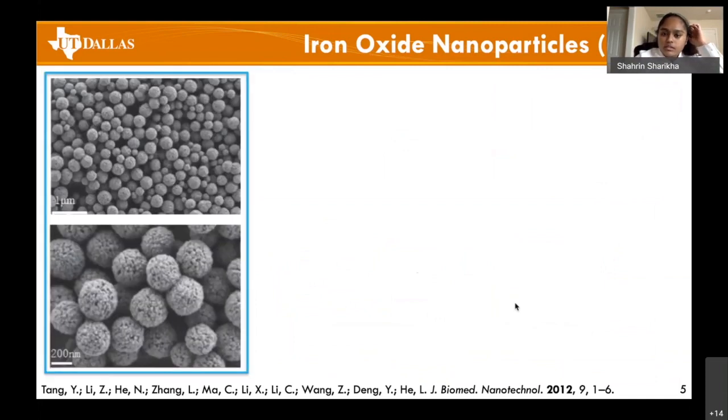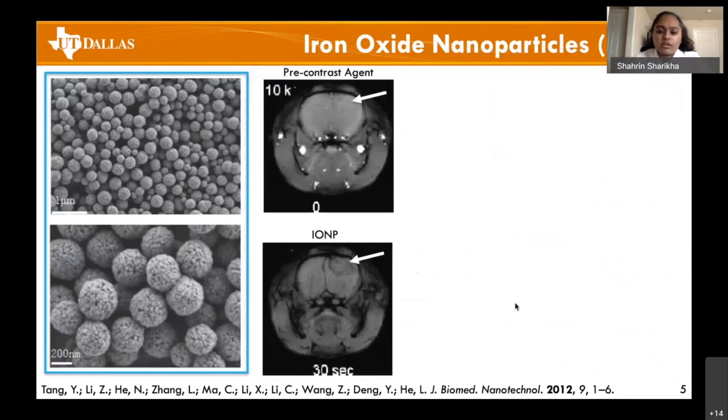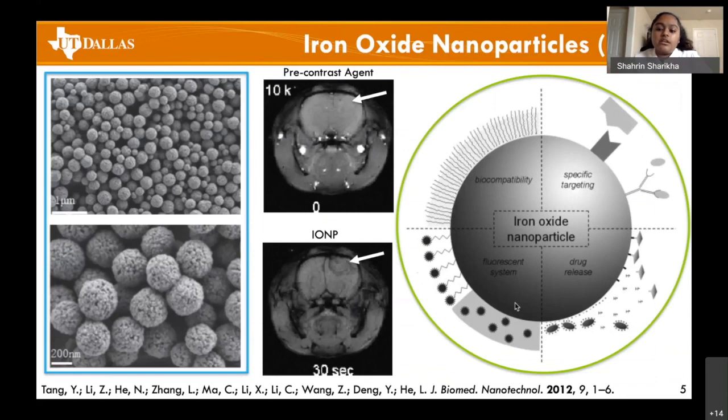This group has been very heavily researched just because they're very biocompatible, and there are lots of things you can do with them. You can functionalize them for specific targeting, or for fluorescence imaging and drug delivery, alongside serving as an MRI contrast agent.